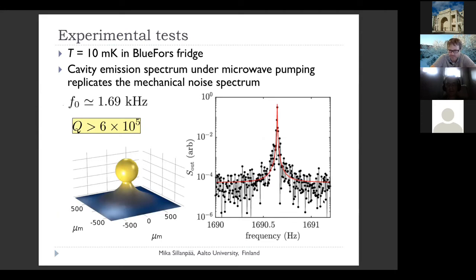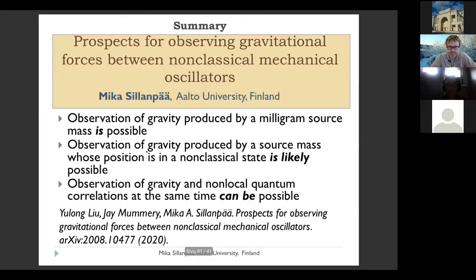This is the zoom into the spectral density at about 2 kilohertz. At this Q value of 1 million, if we are able to put these two boxes close to one another, we can see the gravity almost right away. So this looks very promising.